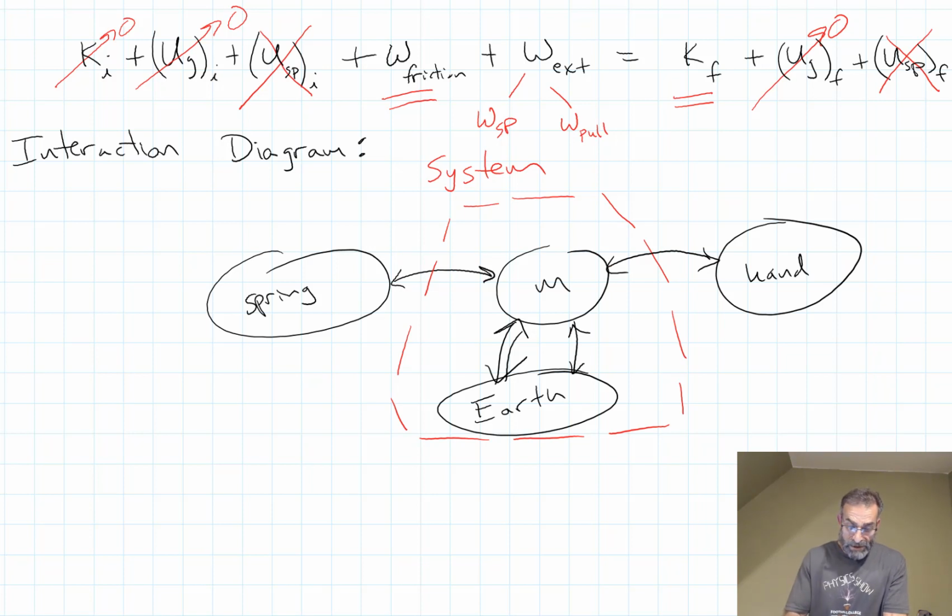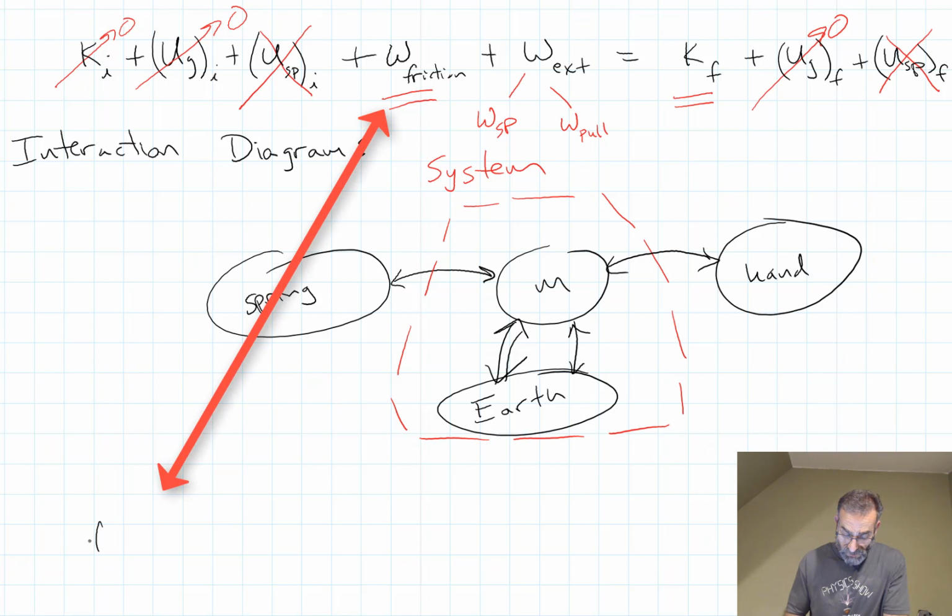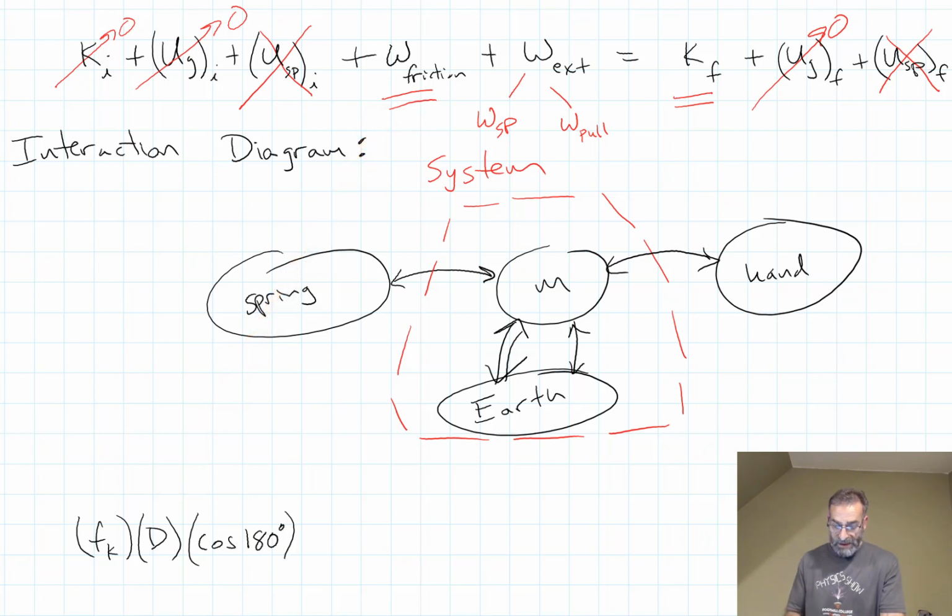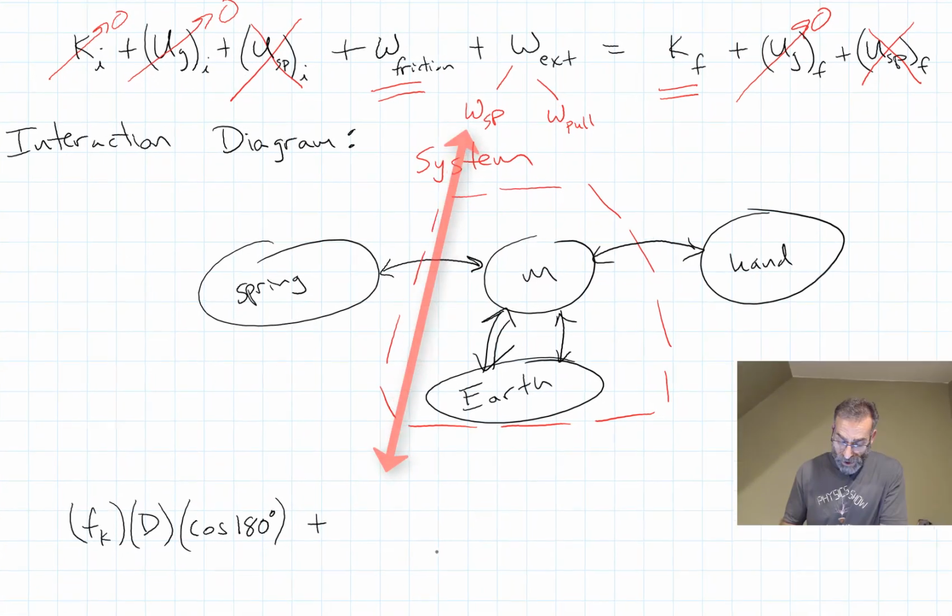So now when I write this equation out, I've got the work done by friction, which is the friction force, times the distance it's being applied, times the cosine of the angle you get when you put their tails together. That's a cosine of 180. That's our minus sign that we always get with work done by friction. Then I have the work done by the spring.